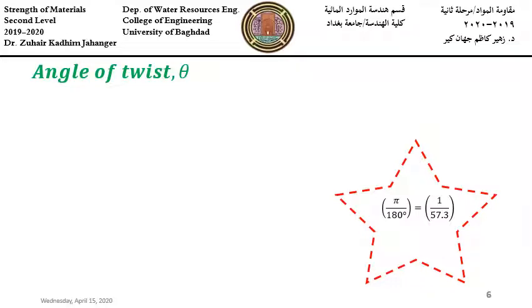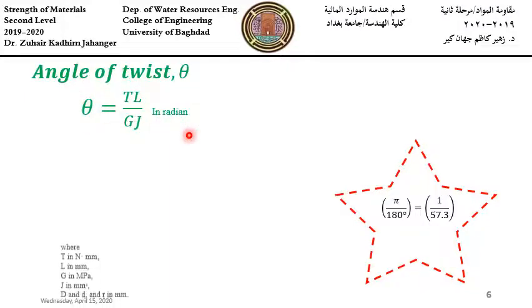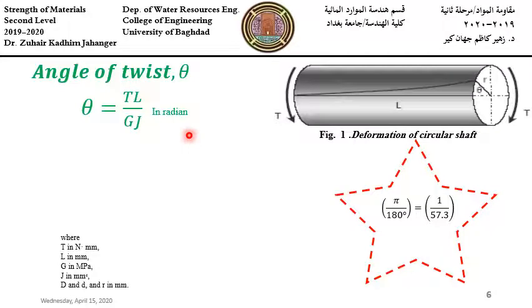And please keep in mind the angle of twist, theta equals TL over GJ in radian. If you use this TL over GJ, you will get theta in radian. But theta equals TL over GJ times 57.3; if you multiply this side by 57.3, you will get theta in degrees.